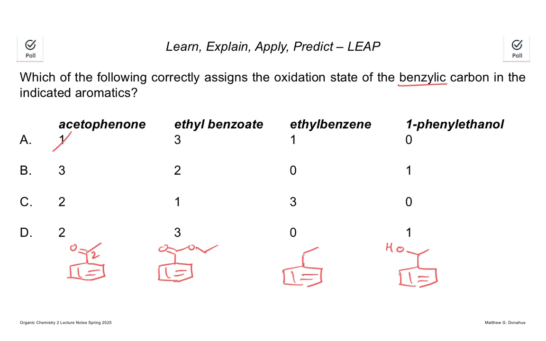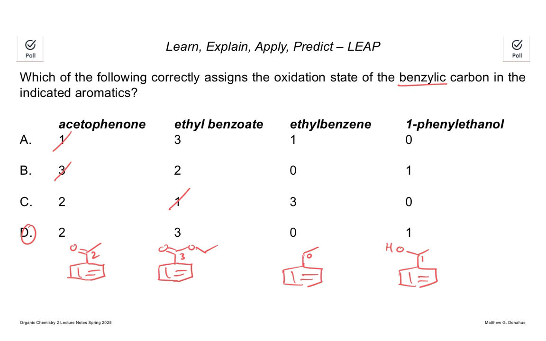So that would eliminate A and B. For the ethyl benzoate, that's going to be 3. We have a sigma bond, a pi bond, and then a sigma bond to another oxygen. So from that, we can eliminate C. Ethyl benzene has no heteroatoms, so that's 0. And then 1-phenylethanol is sigma bonded to the hydroxyl group, so that's 1. So we would end up with D.